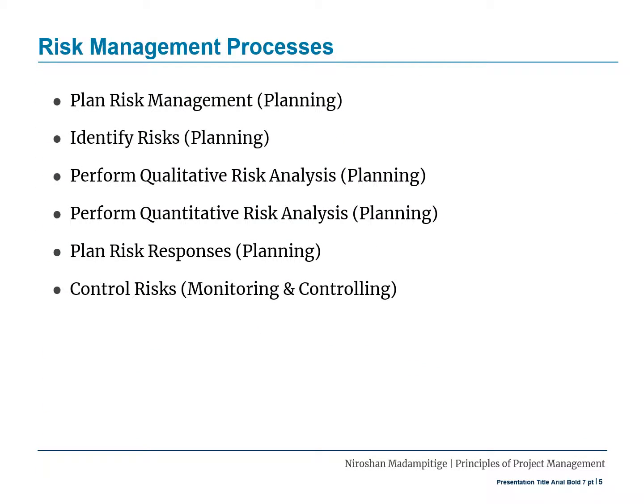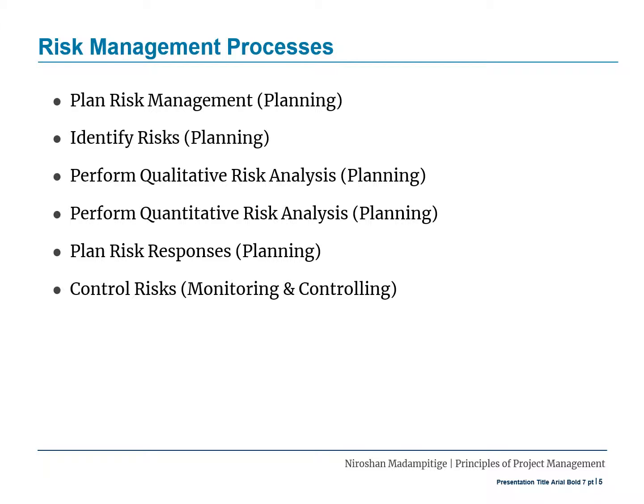There are 6 different processes involved in risk management. They are namely plan risk management, identify risks, perform qualitative risk analysis, perform quantitative risk analysis, plan risk responses, and control risks.